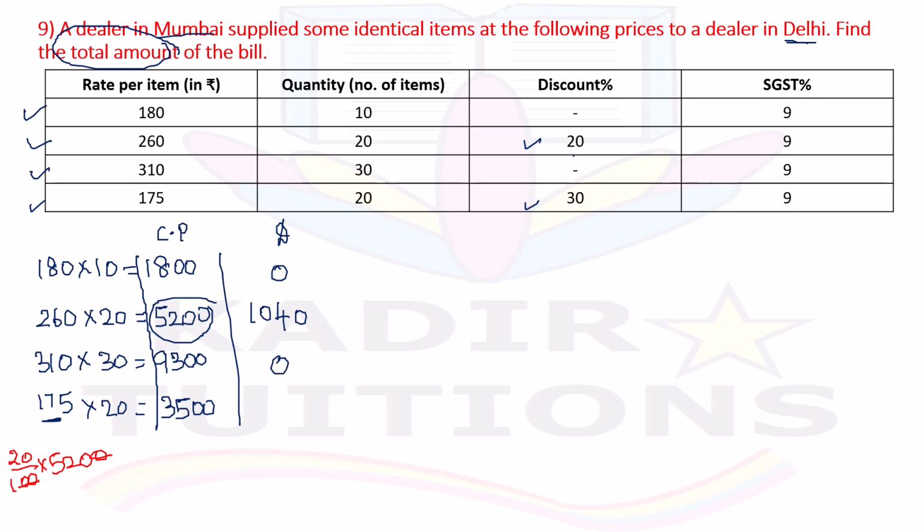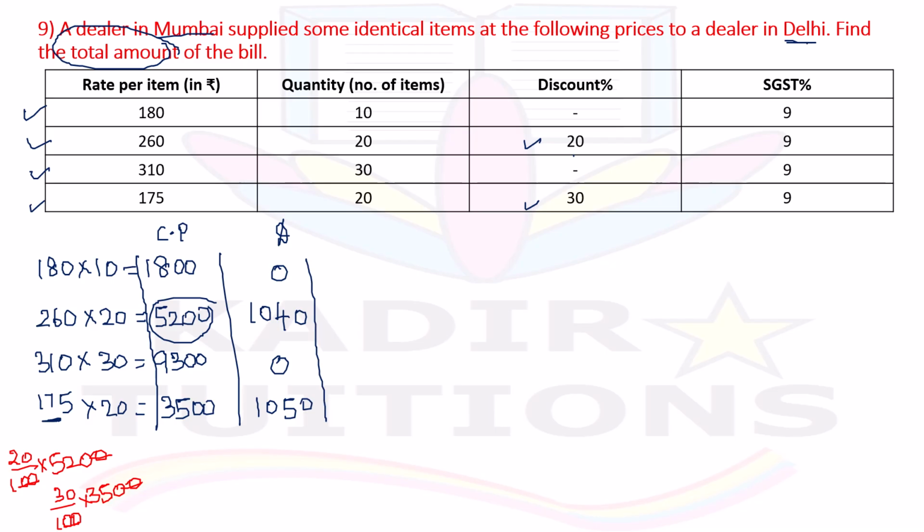And for the fourth item, a 30% discount is there. So we'll find what is 30% of 3500. So 30% of 3500 is going to be 1050. Yes, 1050 it is. So we got the discount value also. Now we need to find what the price will be after discount.